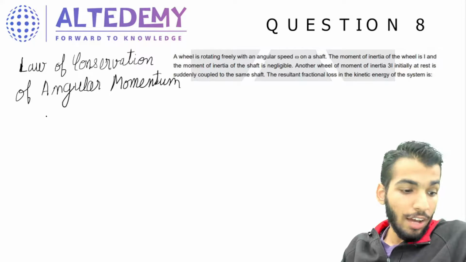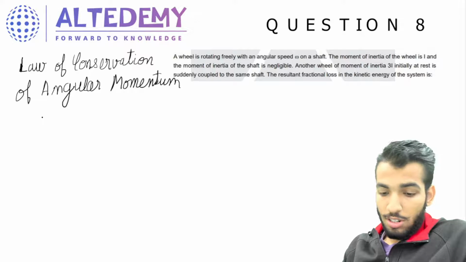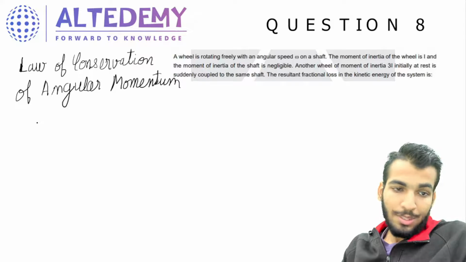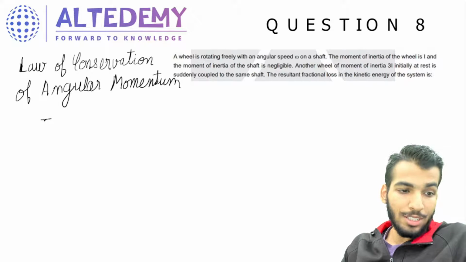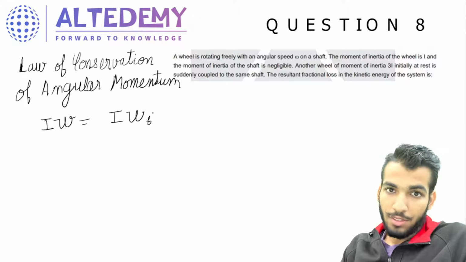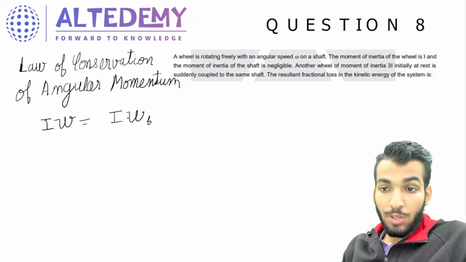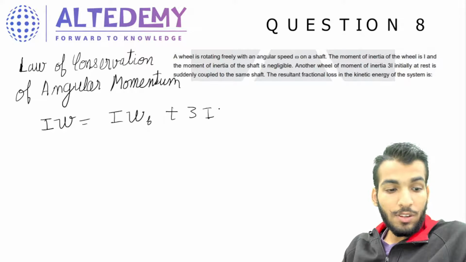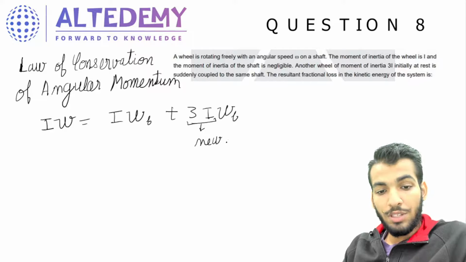So the initial angular momentum shall be equal to the final angular momentum. Basically, I omega shall be equal to I omega f, the final angular momentum of the previous wheel of inertia I, plus 3I omega f, because this is the new wheel which has been attached to us.